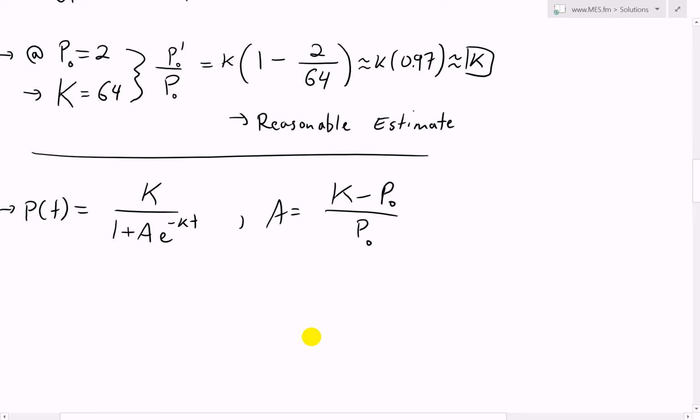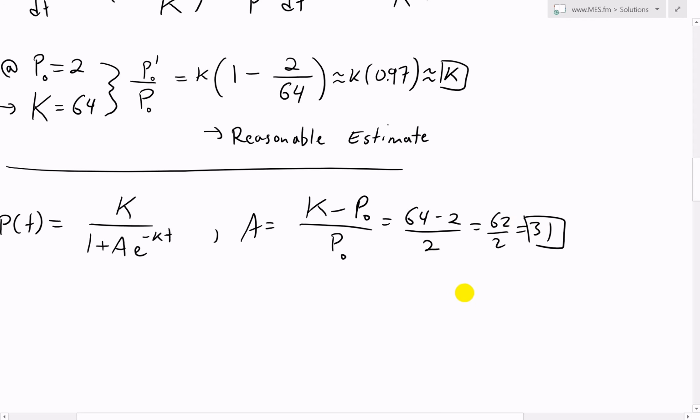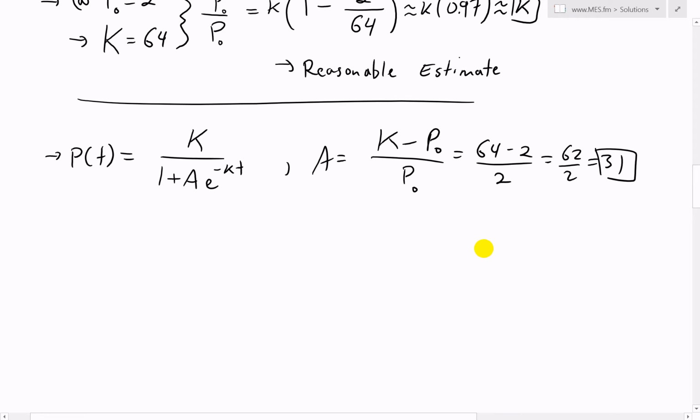Now this a value we can calculate: that's 64 minus 2, the initial population, over 2. So this equals 62 over 2, which equals 31. K is 64, and little k is 0.7944.